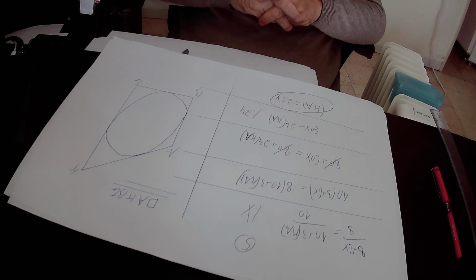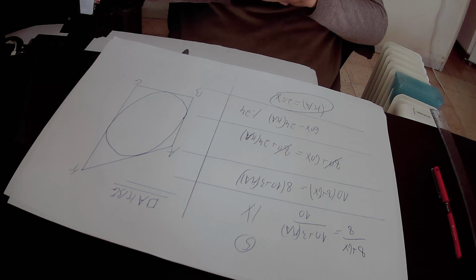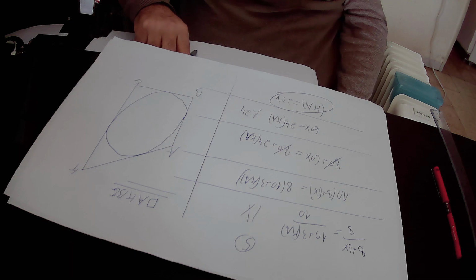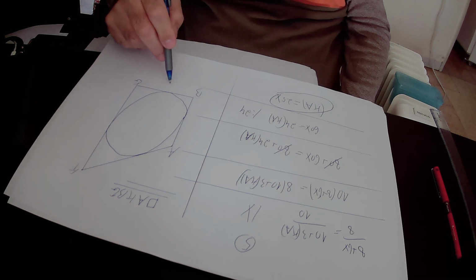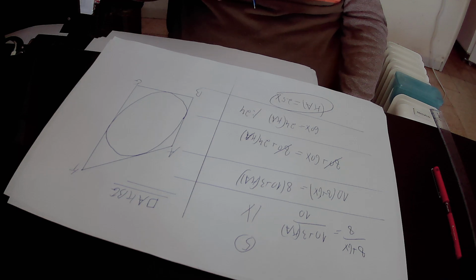The circle and the quadrilateral have 4 points of tangency. They are tangent to each other at 1, 2, 3, 4 points.